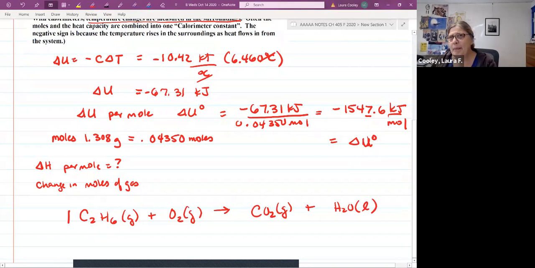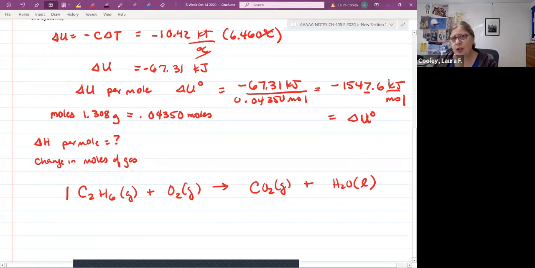Did anybody balance this equation with 1 mole of ethane? Because the delta H or the delta U per mole is really referring to per mole of ethane that reacts. That's what it means when you say a delta H for combustion of ethane per mole. We're talking about moles of ethane. So did anybody balance this, or could you do it now?